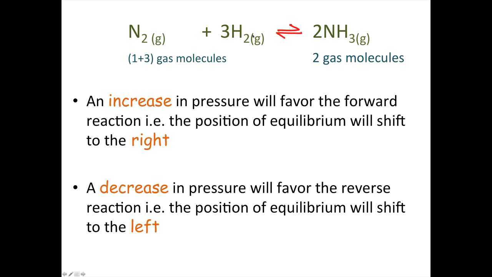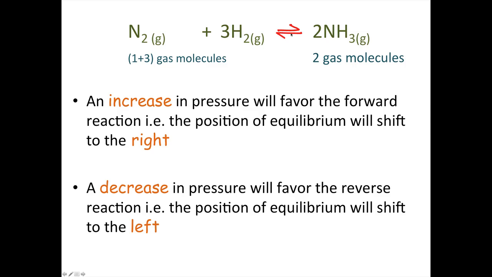So the next step you do is that you count the amount of moles of gaseous molecules on each side. So you have, well, our 1 is understood here, so it's 1 plus 3. So you have 3 moles of gaseous molecules on this side. And when you go over on this side, you have 2 moles of gaseous molecules. So that's the next thing. Because the numbers differ on both sides, it means that an increase or decrease in pressure is going to affect the equilibrium. So remember, an increase in pressure will favor the forward reaction in this example here.